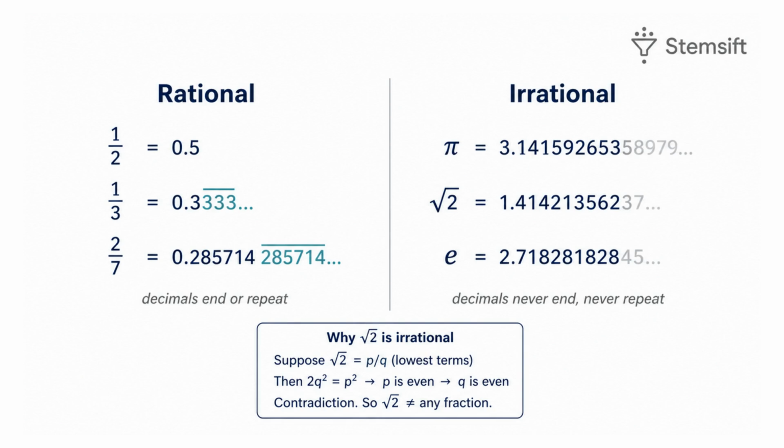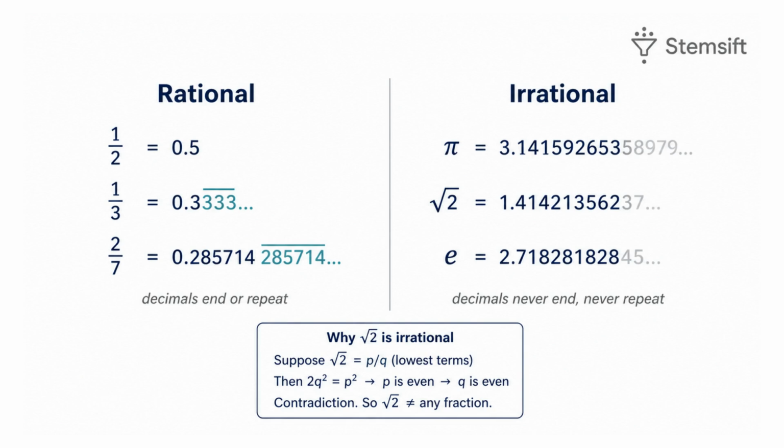Now, you might be thinking, okay, but how do we know a number like the square root of 2 can't be written as a fraction? Maybe we just haven't found the right one yet. Here's the beautiful part. We can prove it. Suppose, just for a moment, that the square root of 2 could be written as a fraction, p over q, in lowest terms, meaning p and q share no common factors.